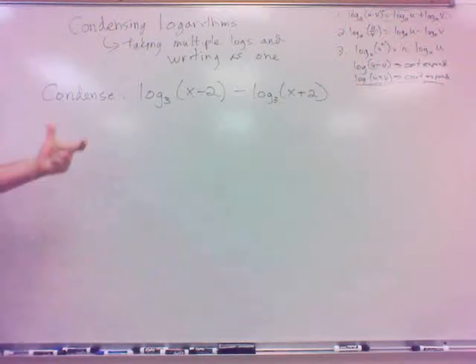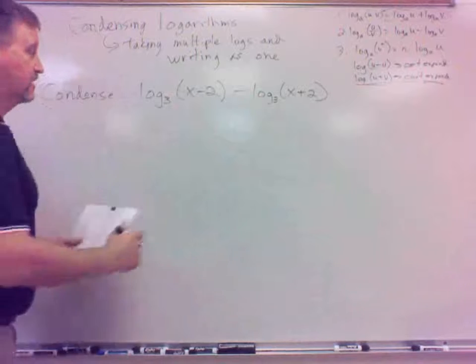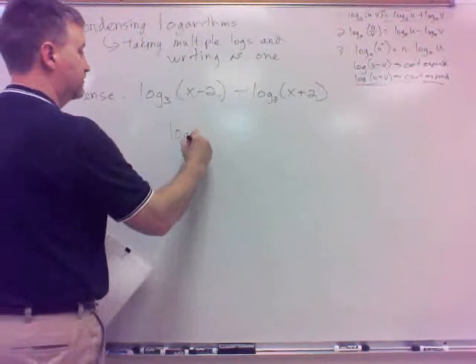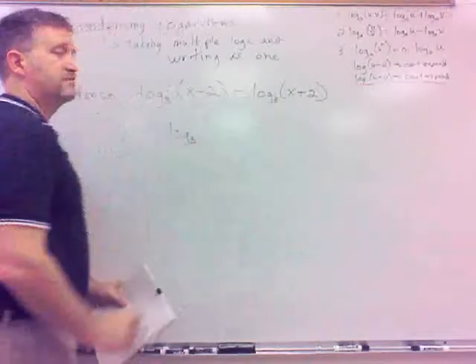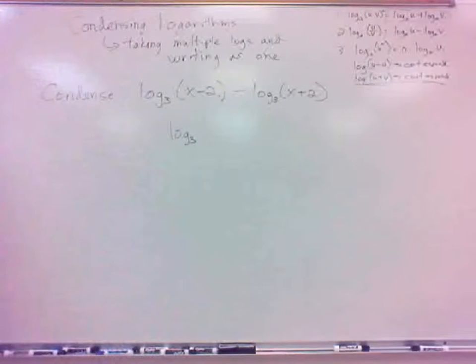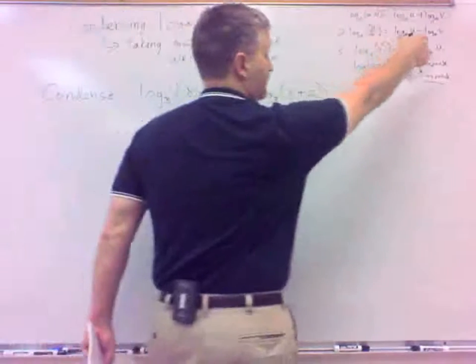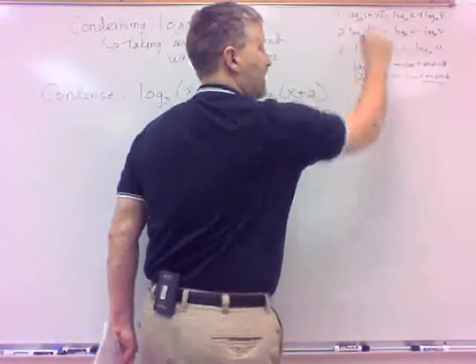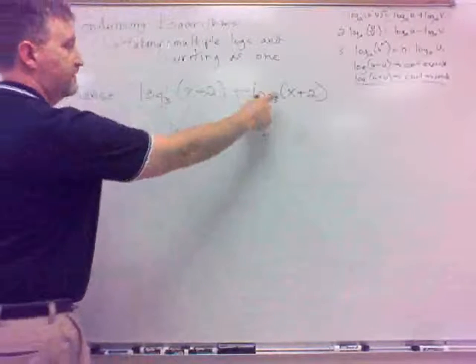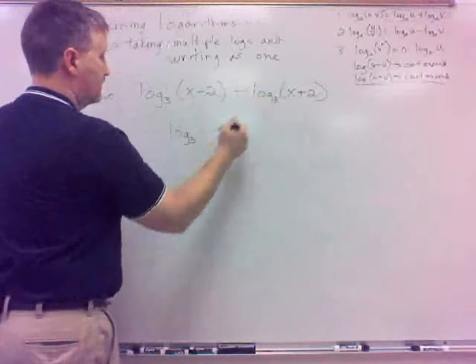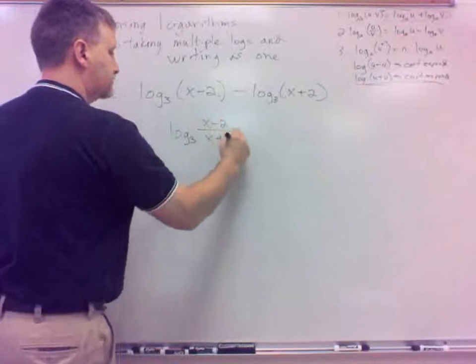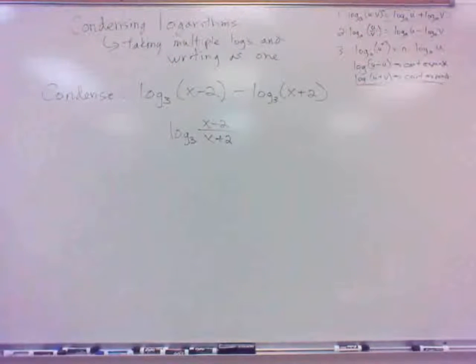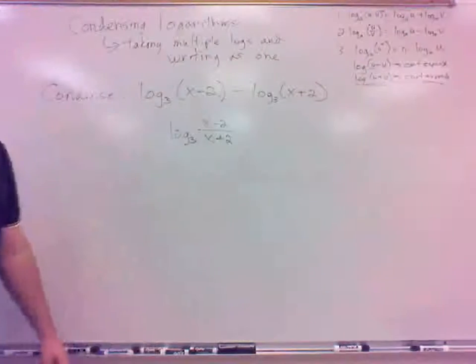All I have to do is condense these into 1. So how do these come together, condensed into 1? Well, there's logarithms that are subtracted. And so those condense by putting them together how? By dividing the stuff here on the inside. So this would just be 1 logarithm, log base 3 of x minus 2 over x plus 2. Just divide the 2 things on the inside.